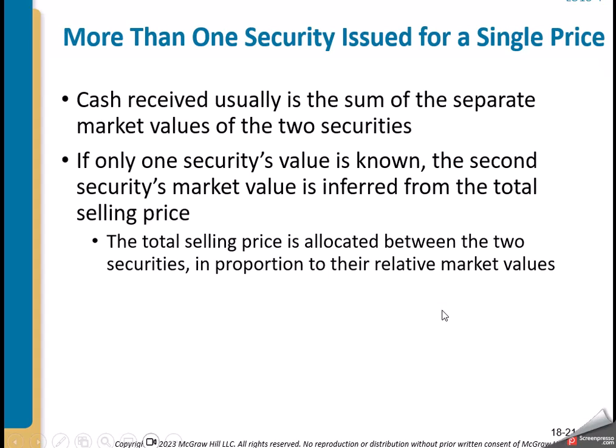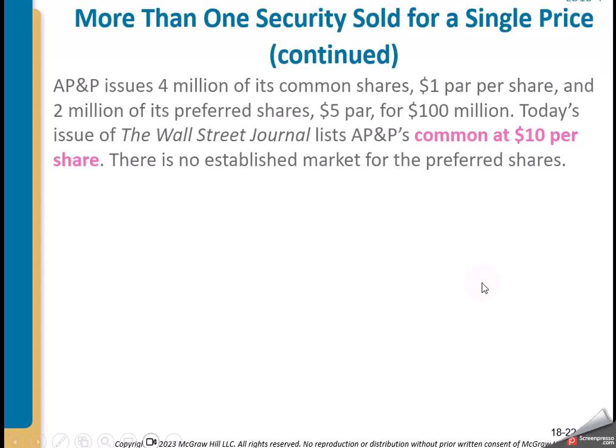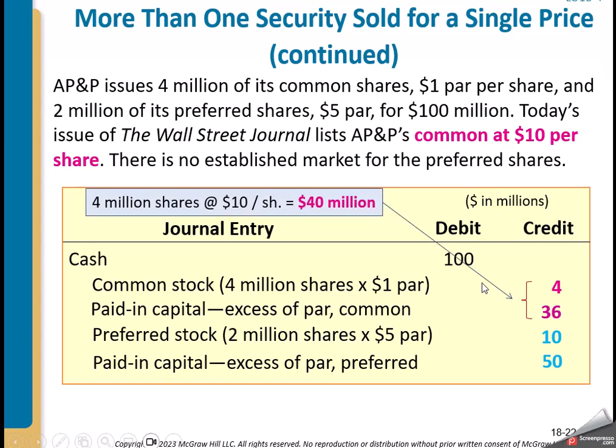If we issue more than one security for one price, we're going to allocate it out between the different types that we're getting.